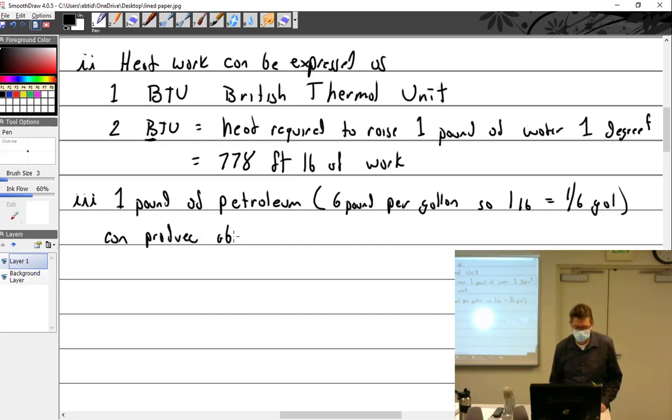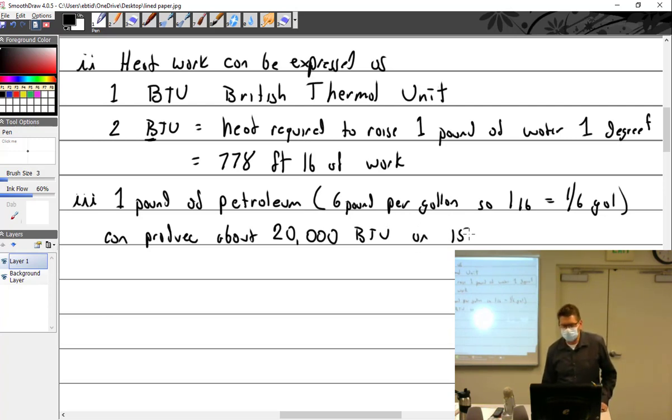about 20,000 BTU, or 15,560,000 foot-pounds of work.